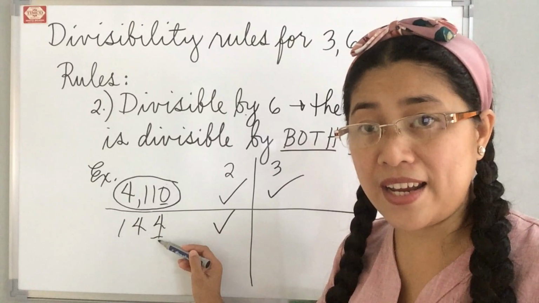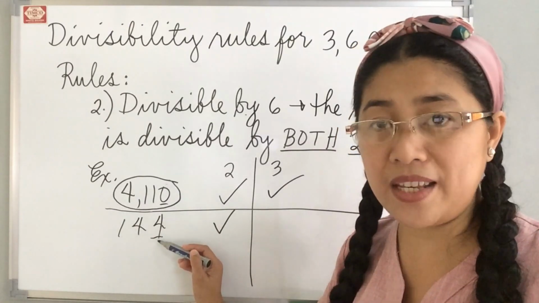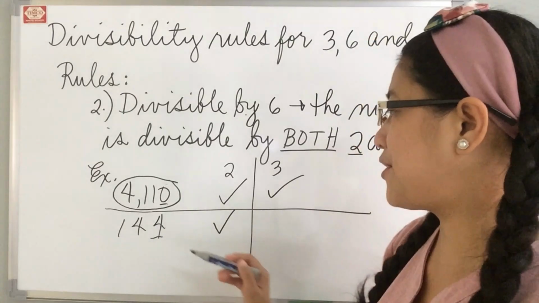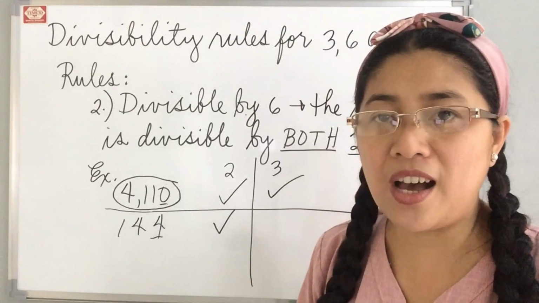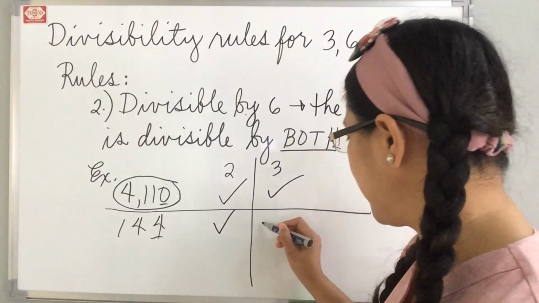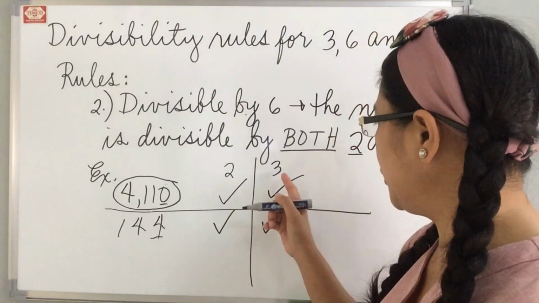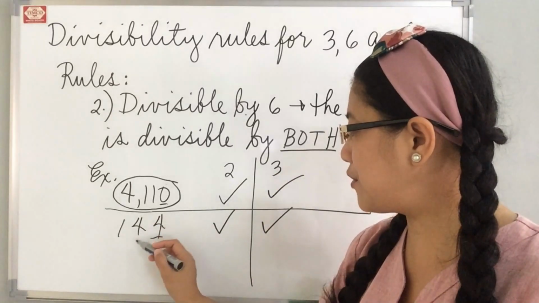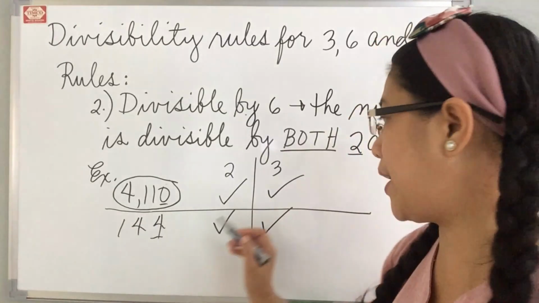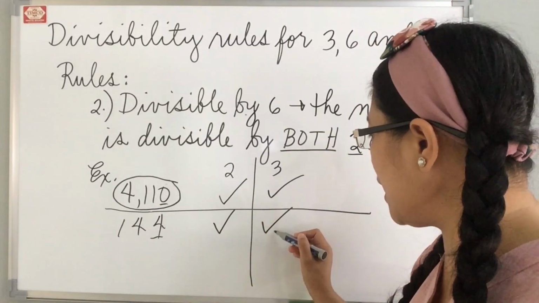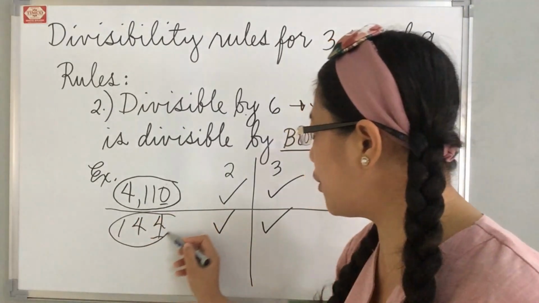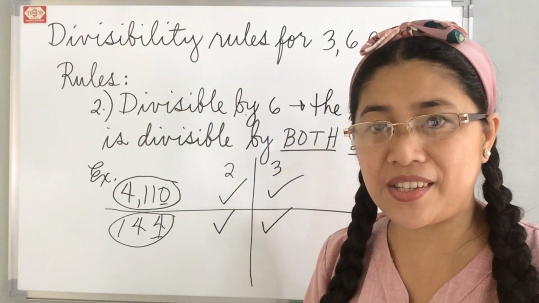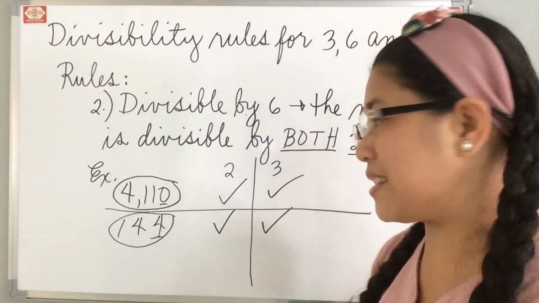Can we divide 9 by 3 without remainder again in the quotient? Yes, because 9 divided by 3 will give us 3. So, therefore, it is checked also under number 3. So, since this number, 144, is divisible by both numbers 2 and 3, therefore, 144 is also divisible by number 6.